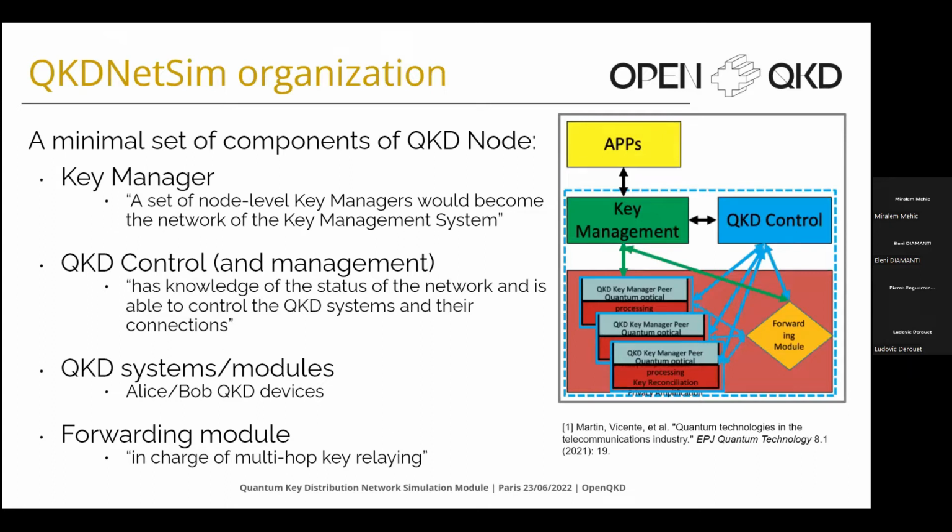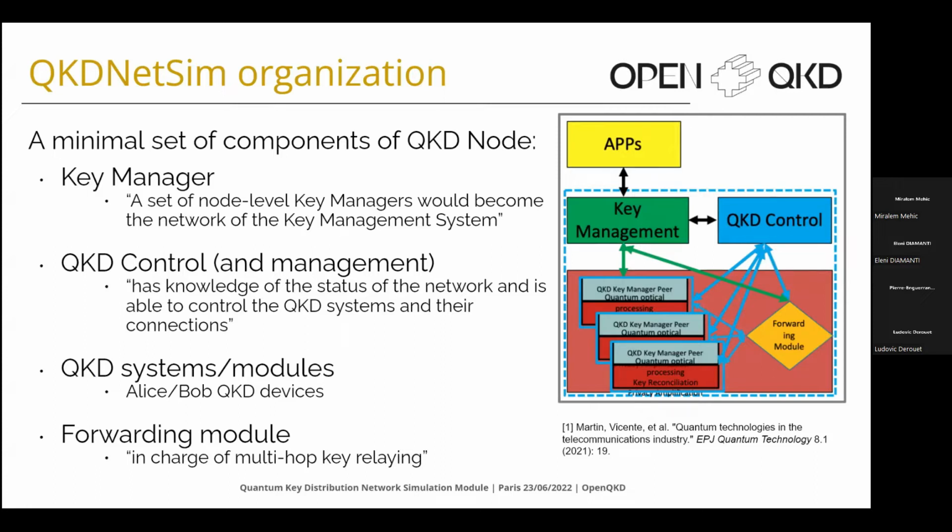Regarding the organization of the simulator, we took the idea from UPM from Madrid, and we followed this structure that was designed and well accepted within the consortium. You already know the picture, you already know the structure. It says that we have some external application, or internal within the secure domain, asking for keys. They need to communicate with the key manager.